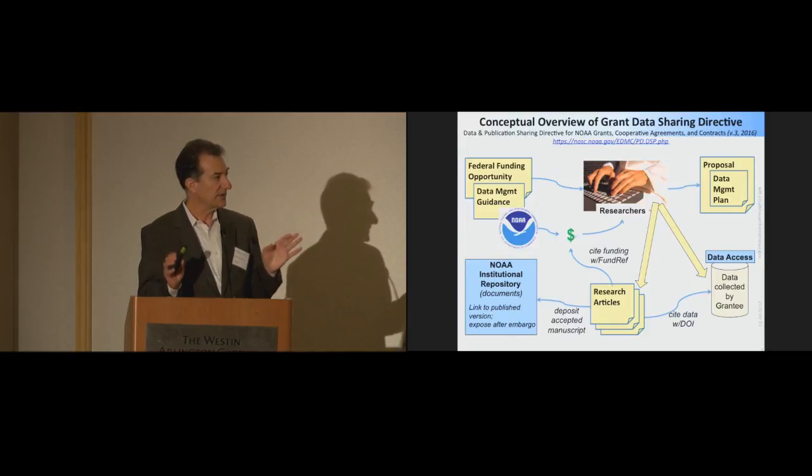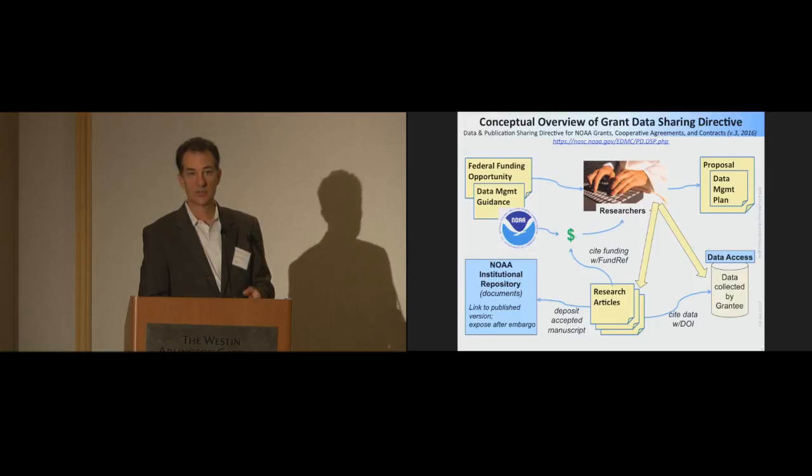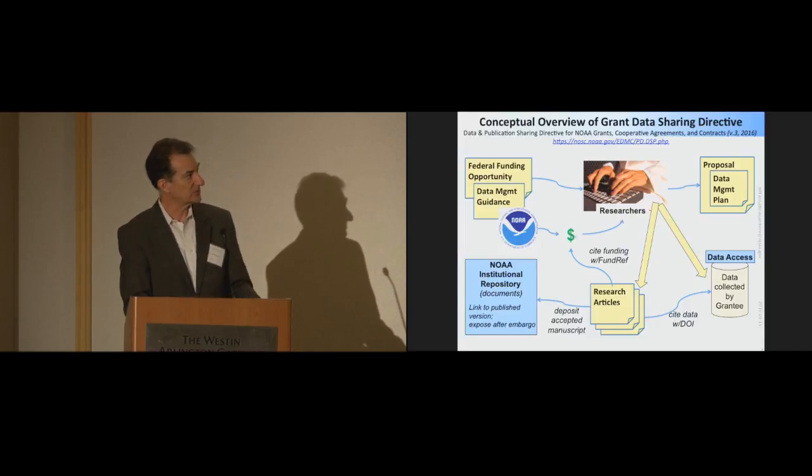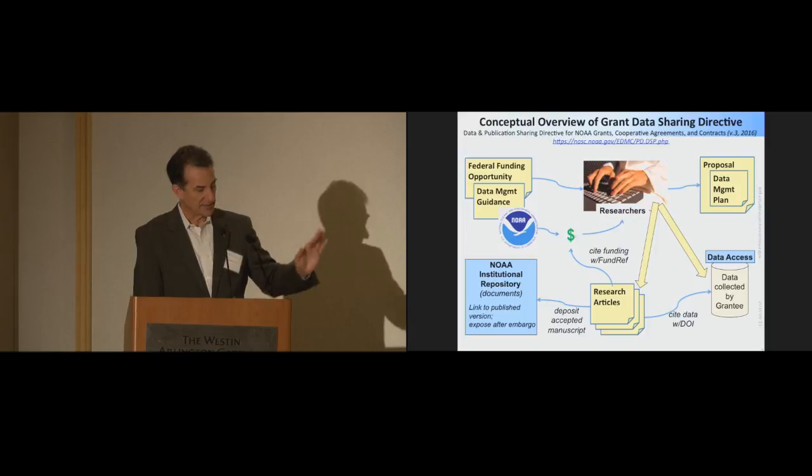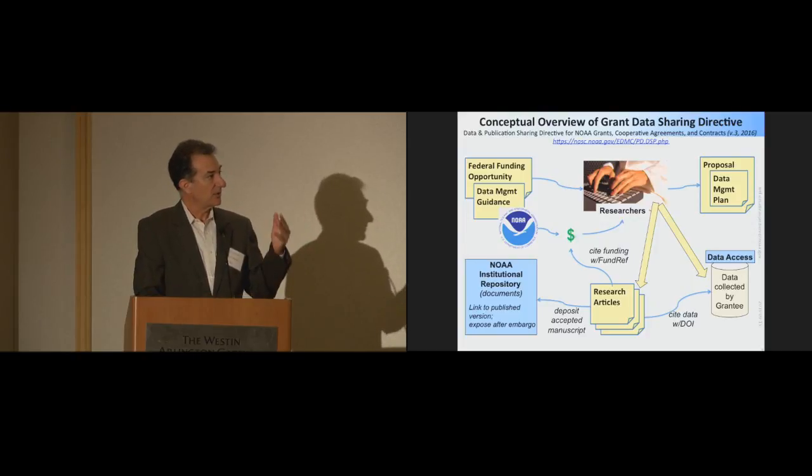We'll keep it hidden there for a year, and then after one year we'll make it available. During and after that year, we will link to the version of record at the journal with its DOI, but we'll have this manuscript copy in case people after one year want to get a copy of the article without a subscription to the journal. So that's the landscape of what we're doing.